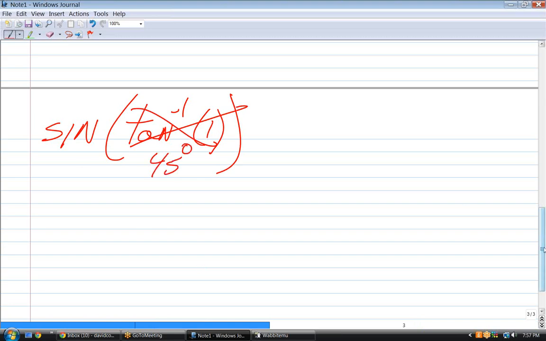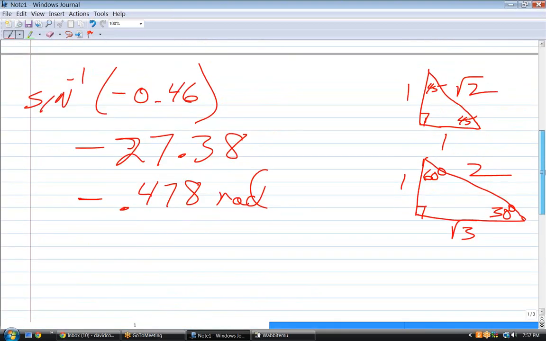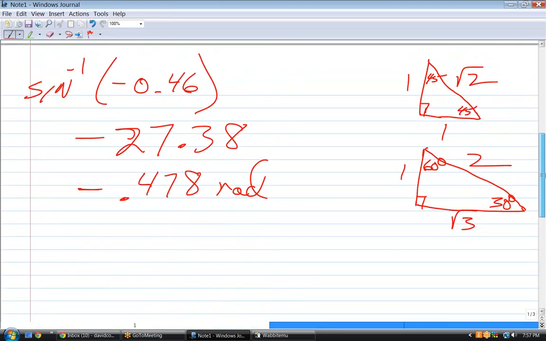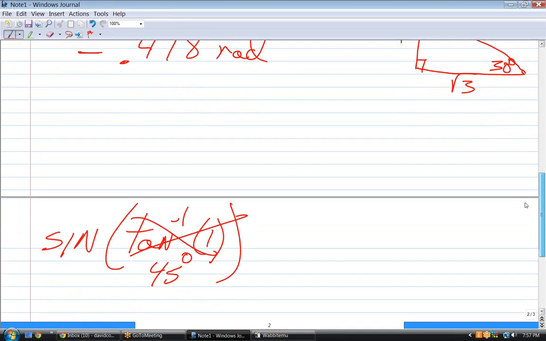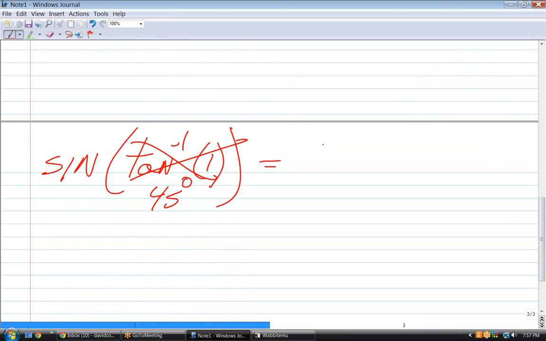Now what's the sine of 45 degrees? That'll be 1 over root 2, but I can't remember, is it root 2 over 2? Yeah. How do you rationalize 1 over root 2?